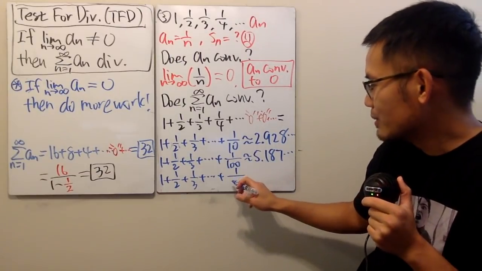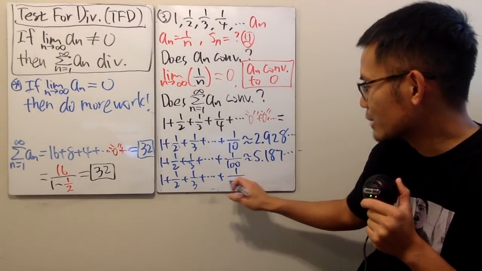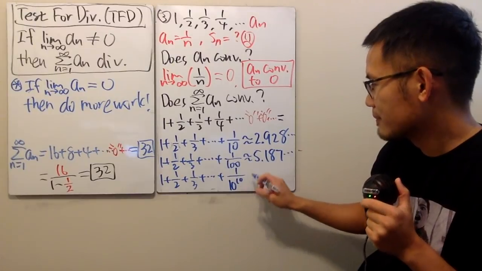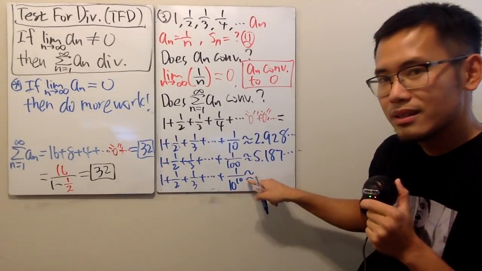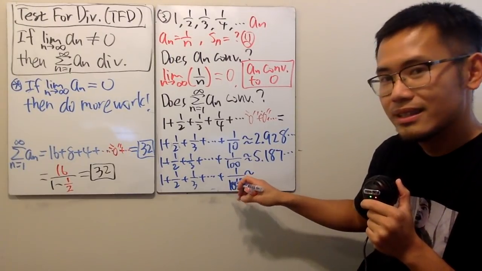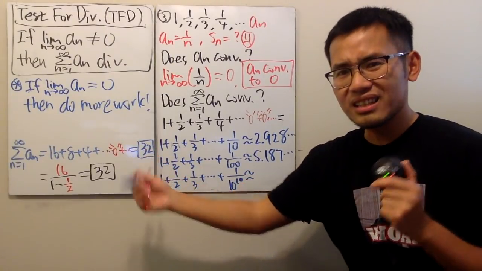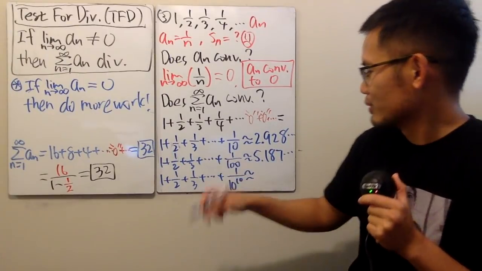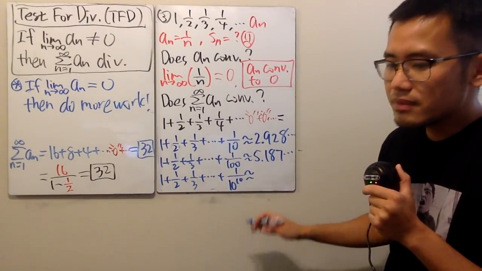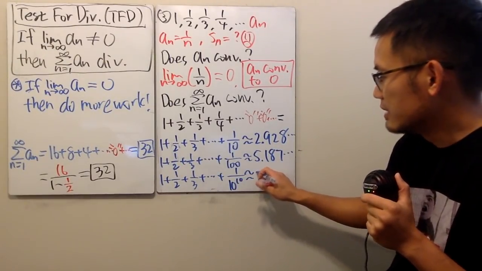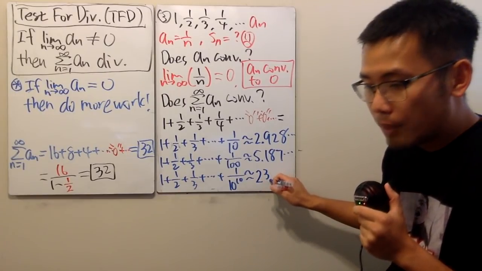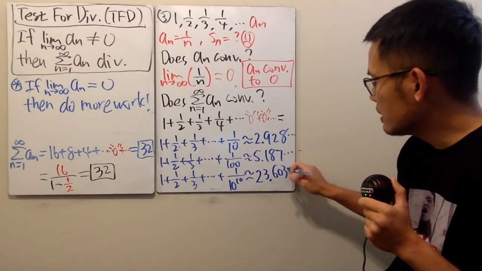I'm just going to write it as 10 to the 10th power. You see, 1 with 10 zeros, this right here, it's a lot. I'm not going to even try to do it by hand. On Wolfram Alpha, you will see this is approximately 23.603.